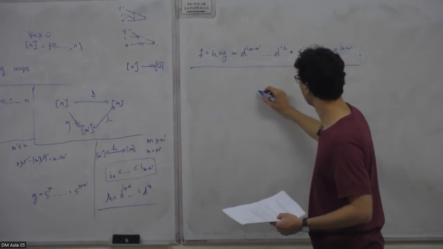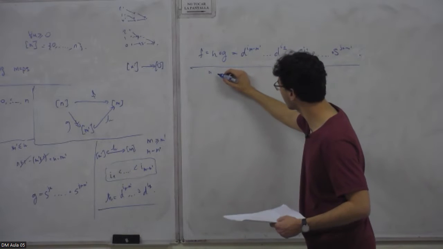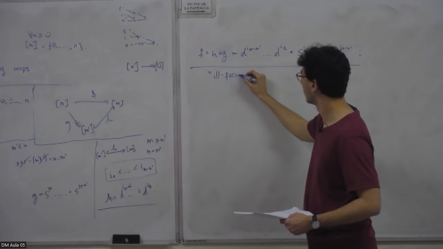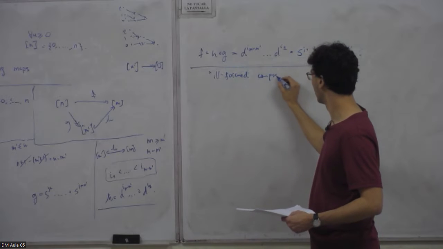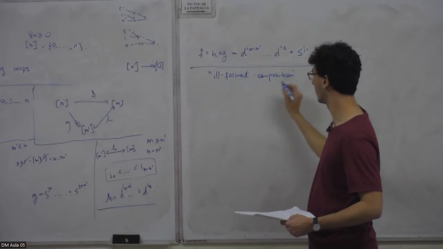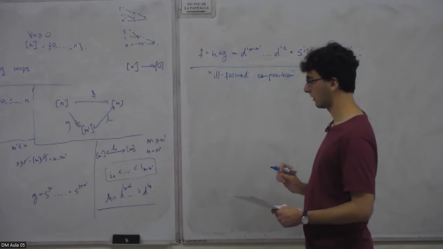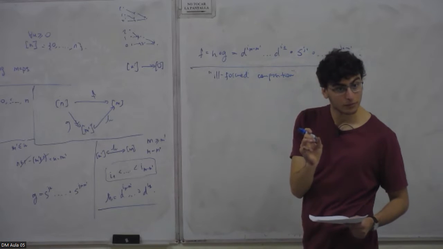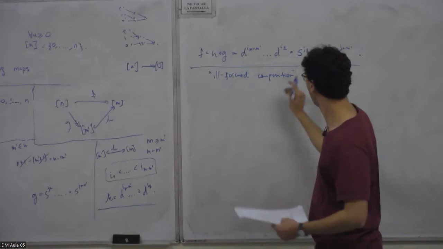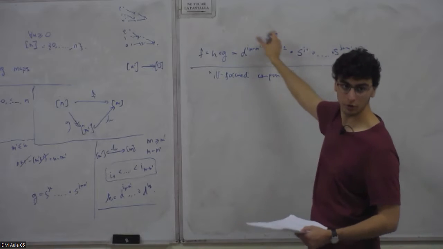For example, which are the ill-formed compositions? Well, it suffices to consider what happens with an ill-formed composition, for example if you put two s's in the wrong order or two d's in the wrong order.